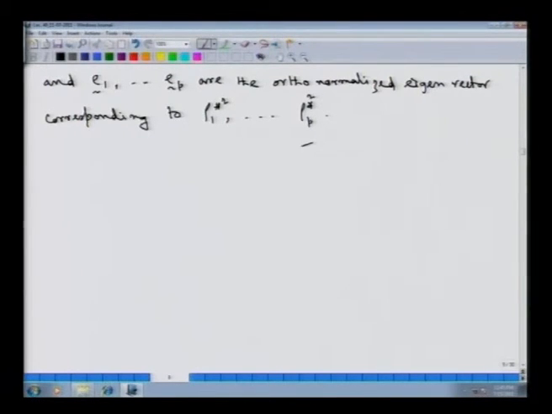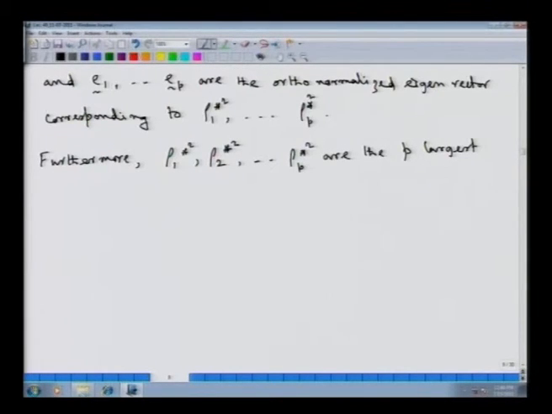So, these are the eigenvalues of that A prime matrix, and these are the corresponding orthonormalized eigenvectors. And furthermore, rho 1 star square, rho 2 star square, rho p star square are the p largest eigenvalues of the matrix which is A prime A.